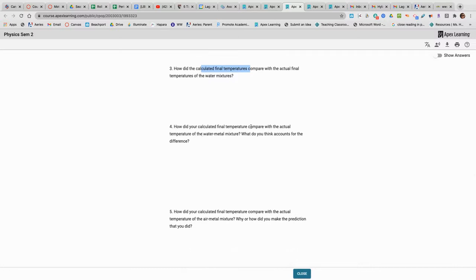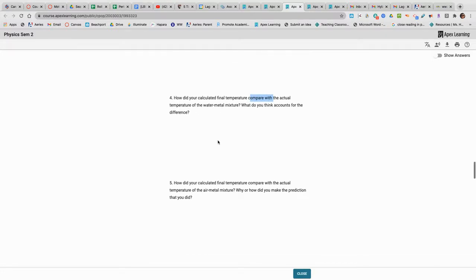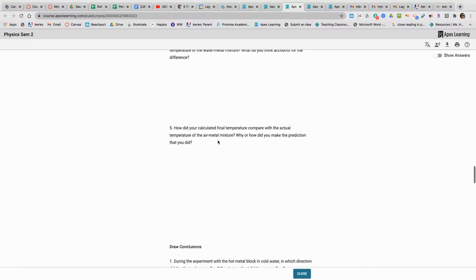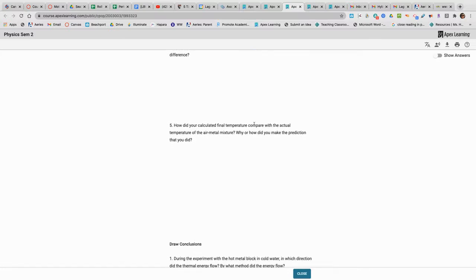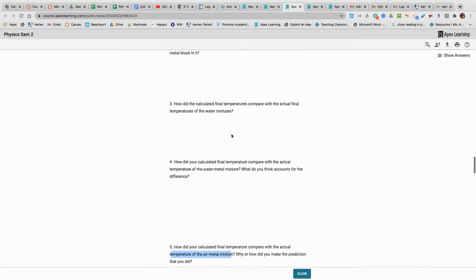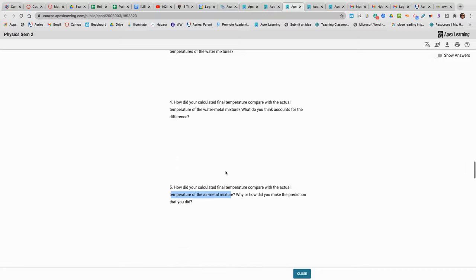How did your calculated final temperature compare to the actual temperature of the water-metal mixture? And how did your calculated final temperature compare with the actual temperature of the air-metal mixture? So this is water-water, water-metal, and air-metal.